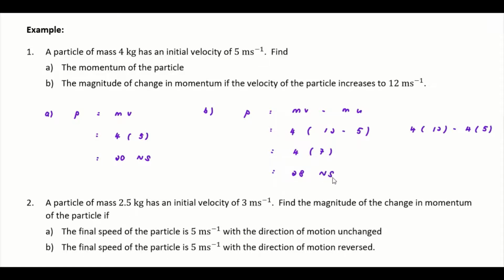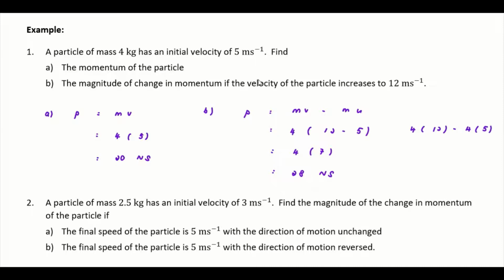Okay, just to give you an idea, when we talk about the change in momentum, we are trying to indicate the change of momentum at that particular moment. The question actually didn't give you the time taken for the velocity change. It may take 5 seconds, it may take 2 seconds, and so on.